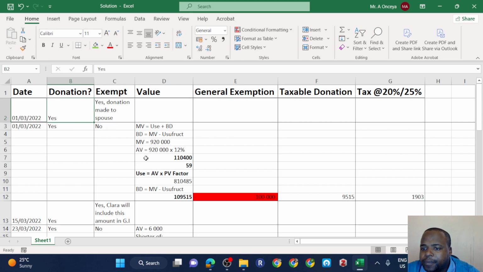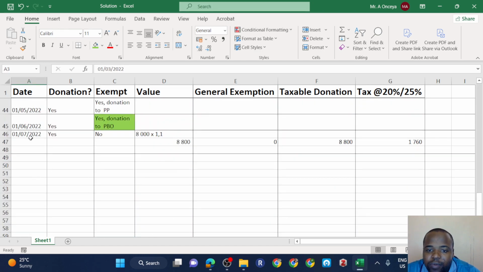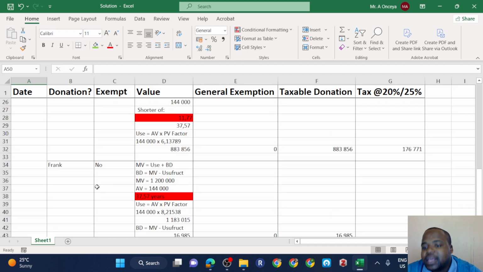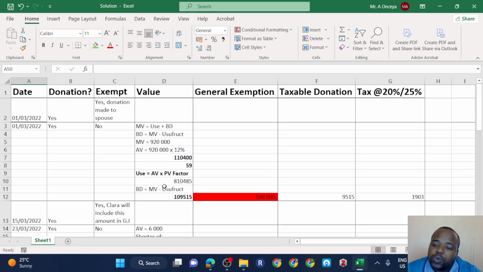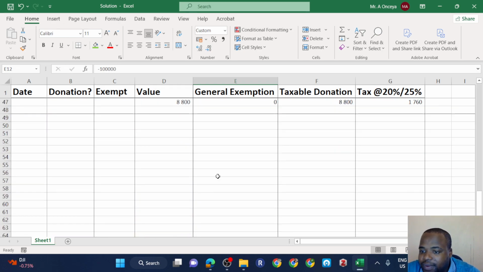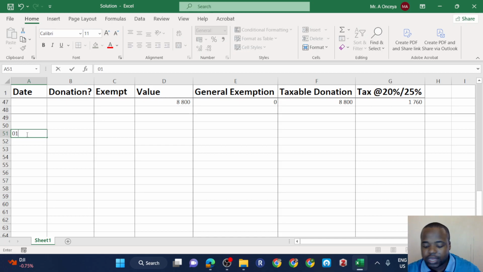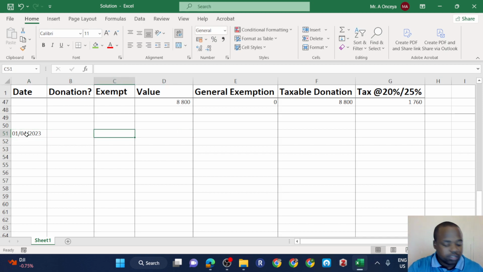And then what else did I want to say? Oh yeah, for this one, here we were lucky. If you notice, all the transactions occurred within 1 year of assessment. However, some transactions may occur within 2 years of assessment. If that's the case, remember they'll be entitled to a fresh 100,000 on the new year of assessment. So you'd have to apply this like we did here, and then on the new year of assessment, let's say there's another transaction which occurred on 1 April 2023, which is not exempt.